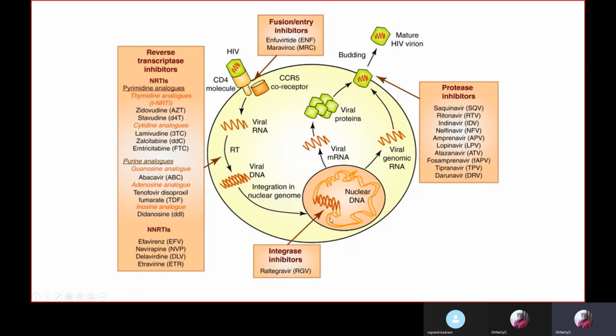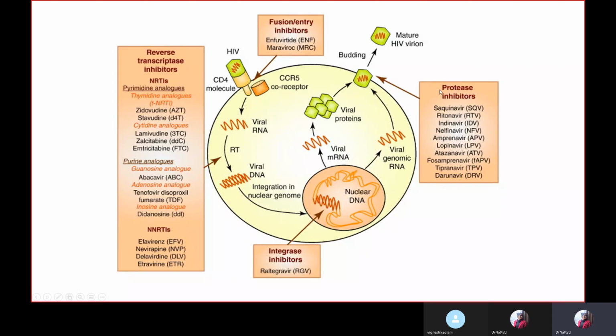It integrates with the DNA material of the host. During that time, there is an enzyme which acts to integrate the viral DNA with the host DNA. That enzyme is integrase, so there are drugs which stop the activity of integrase. That includes raltegravir.